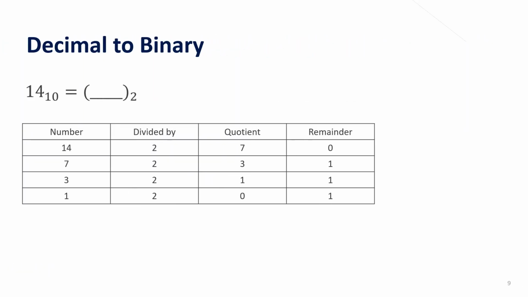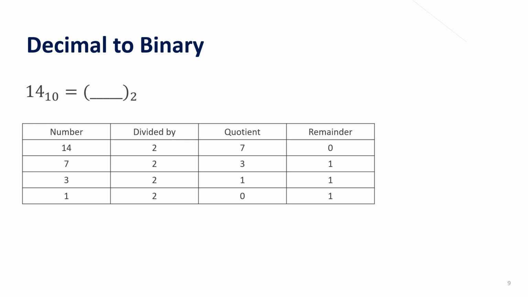Next, this one is a little bit more interesting. If you want to convert a decimal to its binary, there are several ways. One of them is this one, repeated division. First you divide the original number, 14, by 2, because we convert it to the base 2 system, and then we get a quotient.